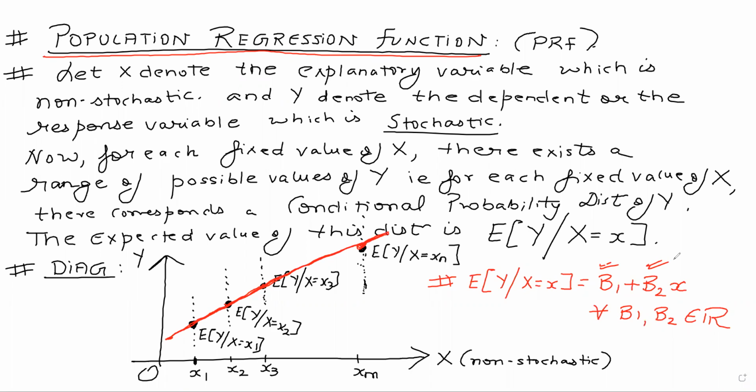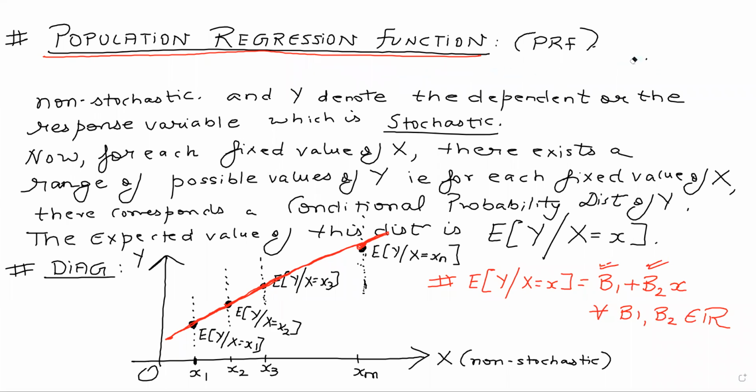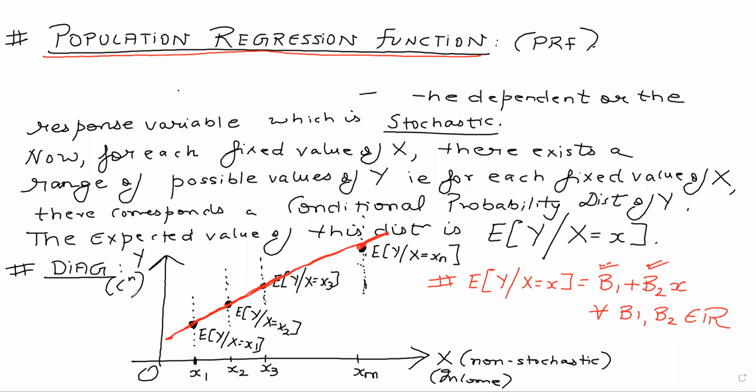So I have written the equation for this line, and now I am writing the theory further. So guys, I am erasing the initial part now. I hope all students have understood. You can think of it like this: for every income level, you have a lot of consumption levels. Suppose you think of X as income and Y as consumption. For every level of income, you have a lot of people with different levels of consumption.